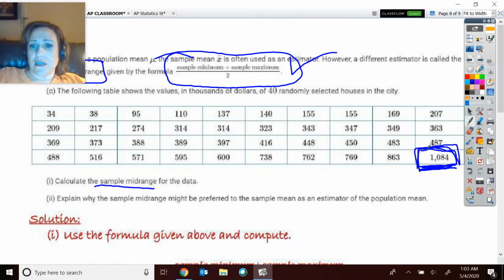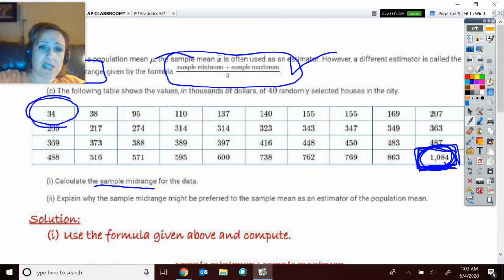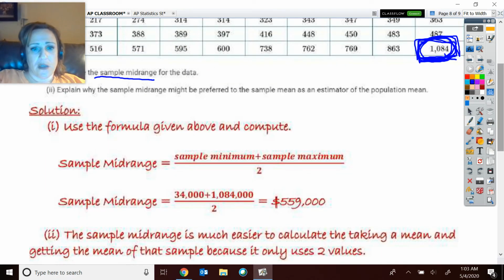I take this 1.084 million and this 34,000, add them and divide by 2. Okay, and so then the sample mid-range was 559. All right, now this sample mid-range is much easier to calculate than taking a mean and getting the mean of that sample because it's only 2 values.